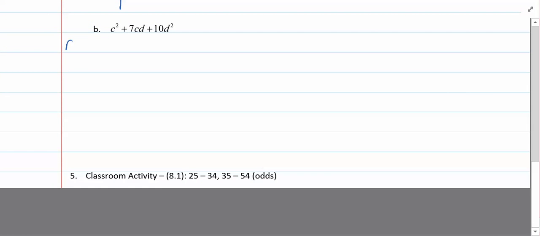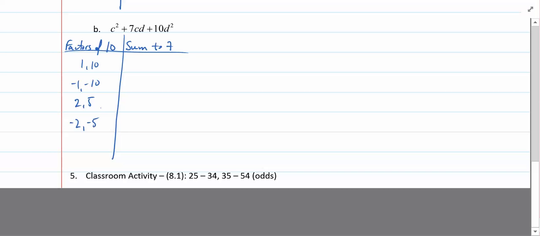For this option here, part B, we're looking for factors of 10 that sum to make 7. So the factors of 10, we have 1 and 10, -1 and -10, 2 and 5, -2, -5.